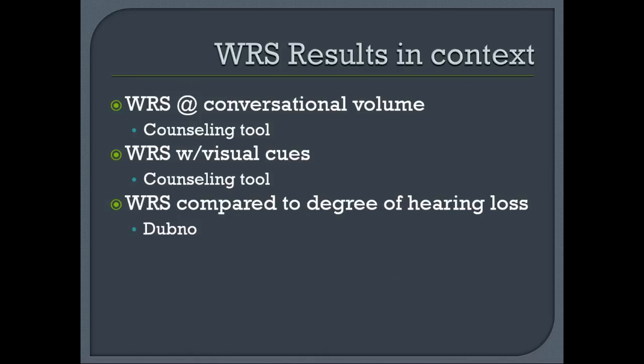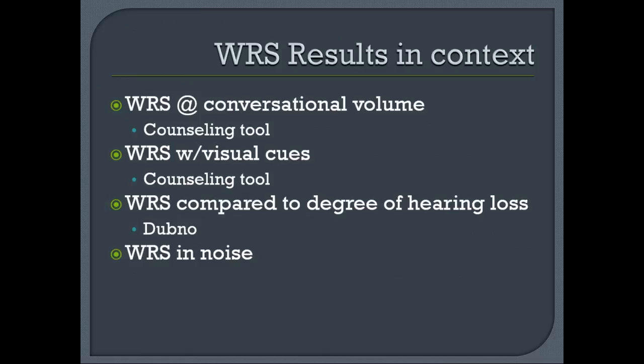And then you want to look at the word rec score compared to the degree of hearing loss. Does it make sense? Look at how much more intense the words are compared to where thresholds are. Do you expect that the person's going to be able to hear all of the frequencies of consonant and vowel sounds based on their hearing loss? And how does that compare?